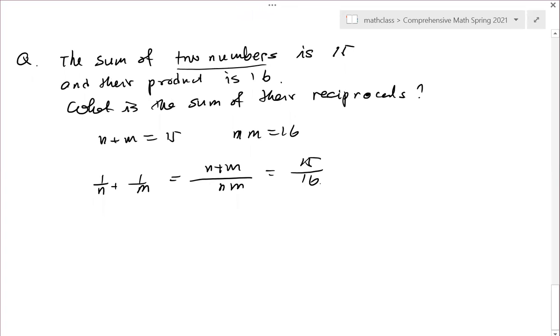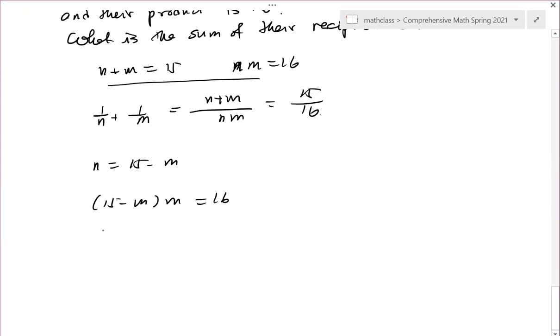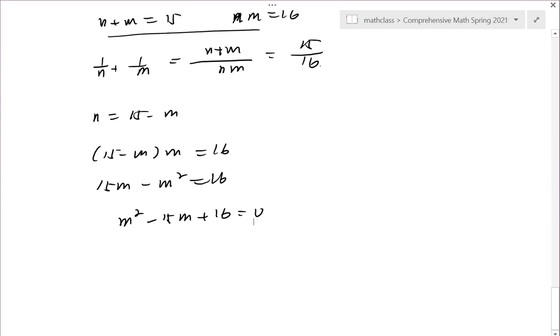But let's try to find these numbers. How do you find the equation? How to find m and n? So n equals 15 minus m. You put that in, so m times (15 minus m) equals 16. We don't know yet. Possibly there's no solution. Use the quadratic formula. If you're able to factor this, then you get a solution immediately.